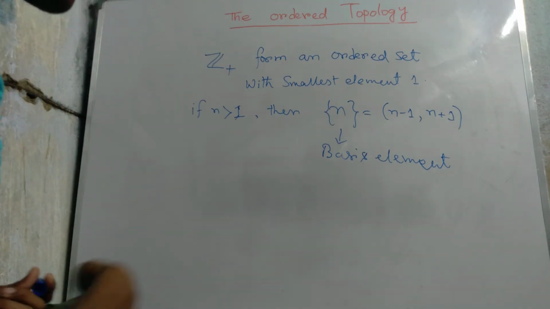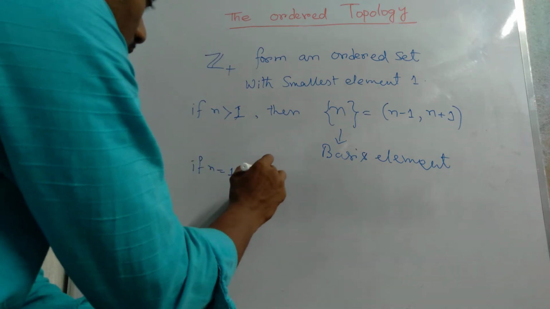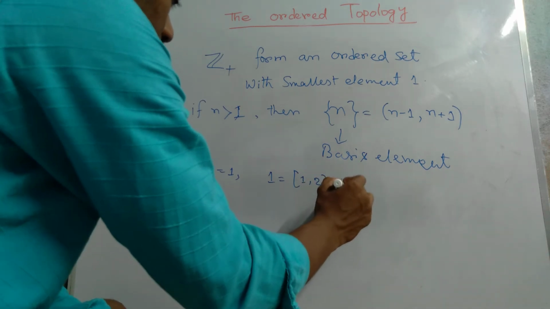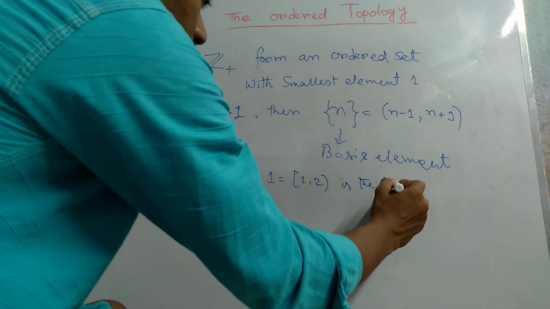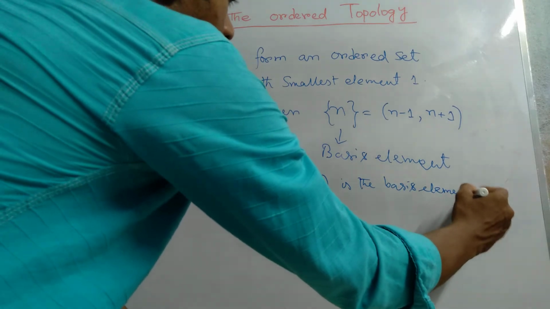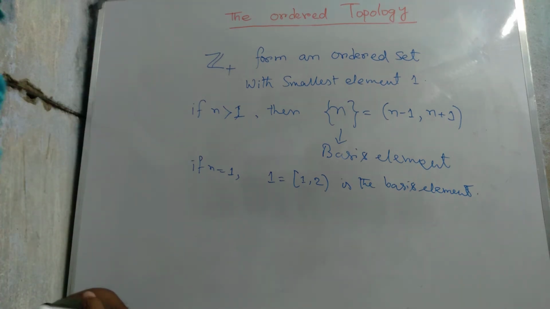If n equal to 1, then also the interval from 1 to 2 is a basis element. So Z plus is an ordered set with smallest element 1.